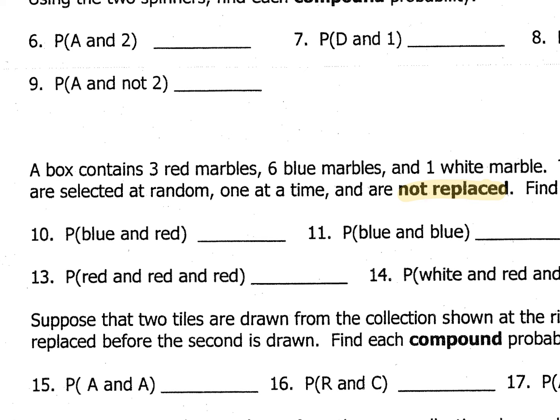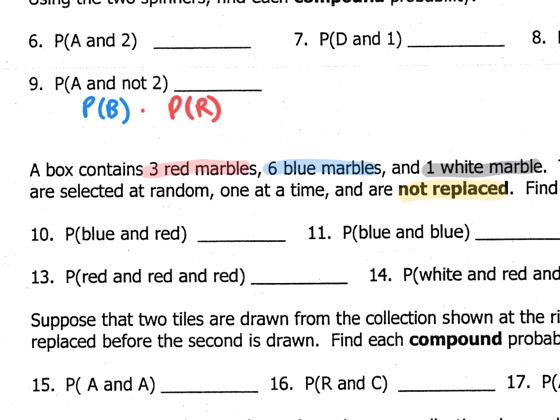Well, we have 3 red marbles, we have 6 blue marbles, and we have 1 white marble. So they want us to find the probability of blue and the probability of red, but keep in mind that there is no replacement.